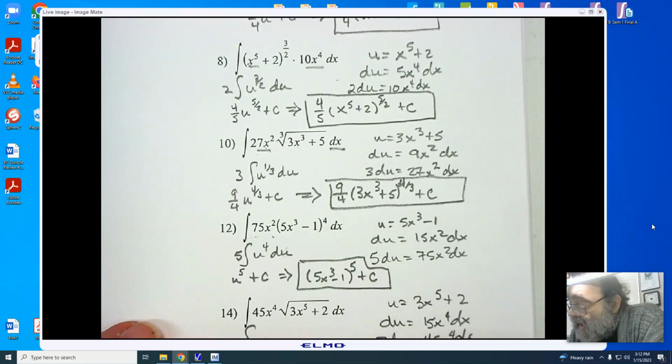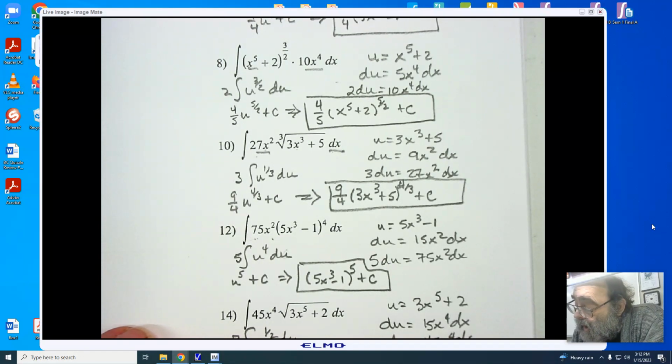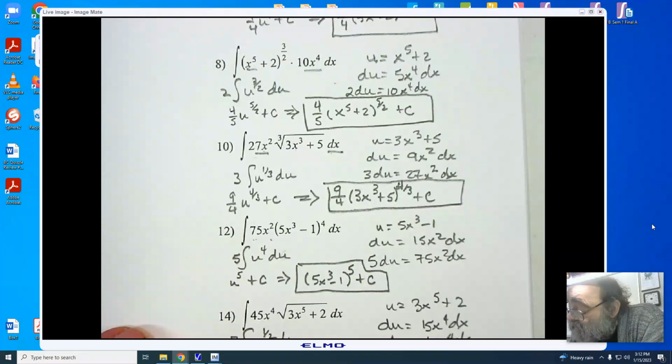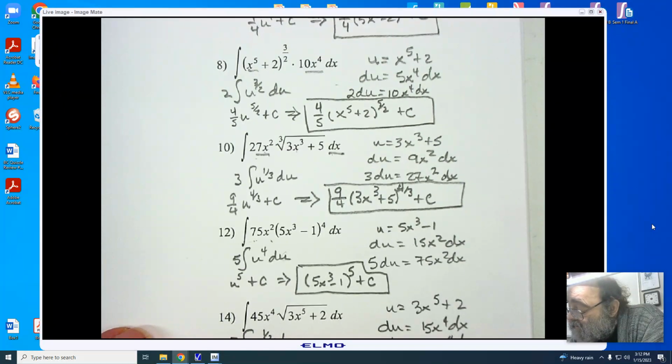This gives me my u to the 1/2 power, and I put the 3 du. I then get 3/2, which is going to give me 2 u to the 3/2 power plus c, which I then back substitute. 3x to the 5th plus 2 is to the 3/2 power plus c.